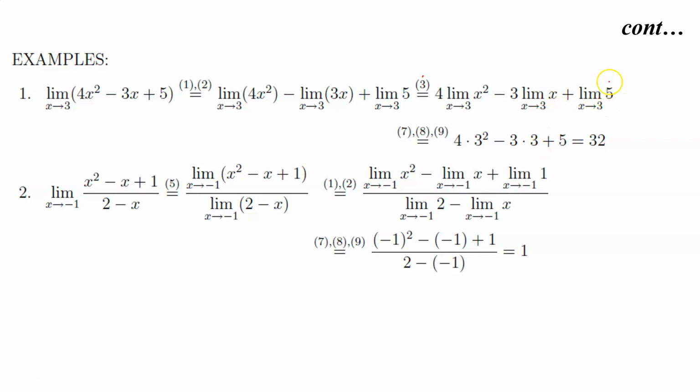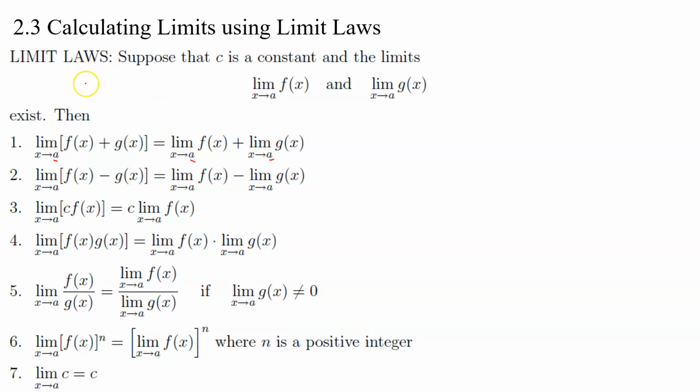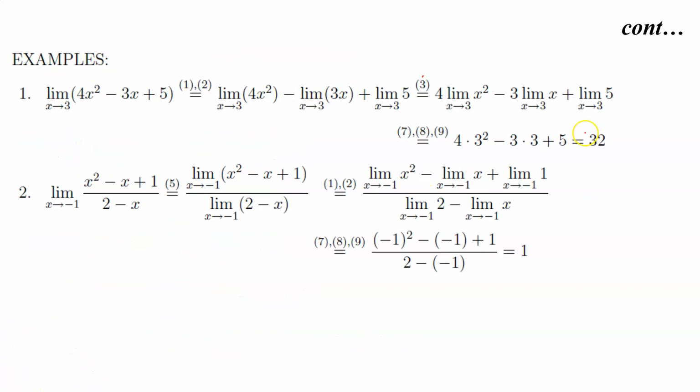And how about when you have a constant? Remember, when you have limit of constant, this is actually law number 7. Bila you ada constant, you akan dapat constant tu balik. That's why I get 5 over here. Okay, that's how you solve your limits operation, operasi limit.